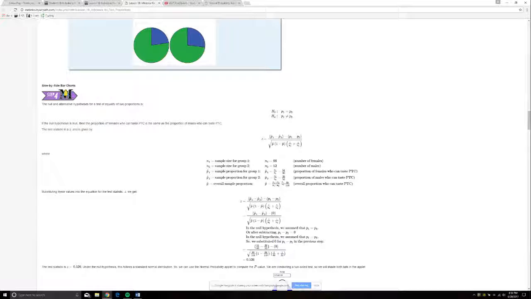Yeah, so you take the proportion of females who can taste it plus the proportion of males who can, over the entire population. That's how you get that bottom P.